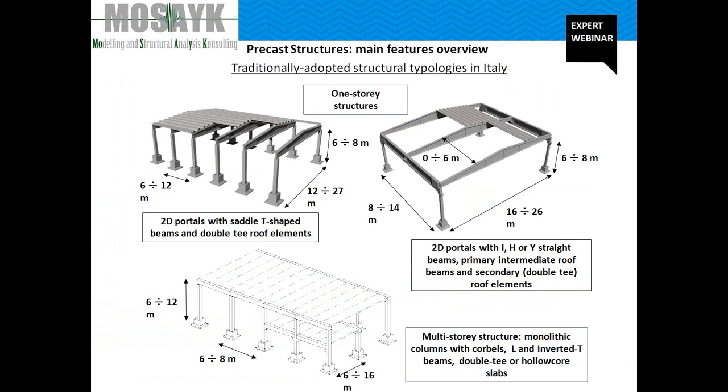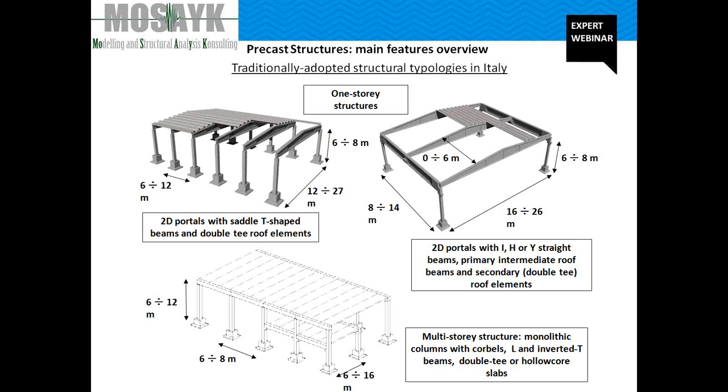These main common structural typologies, which cover a very large percentage of the Italian production, were achieved from an investigation of the available Italian literature and directly from precasters and designers for more than 500 buildings.